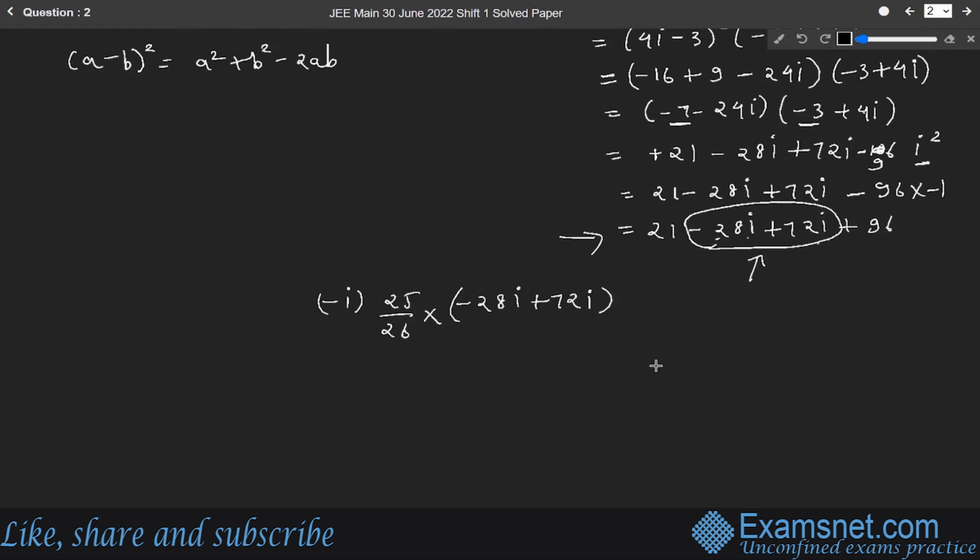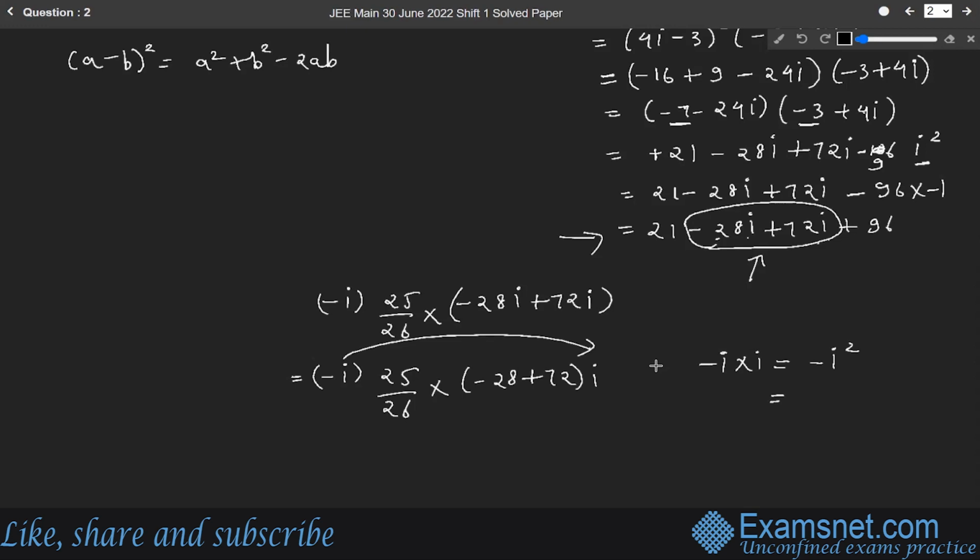So now it will be minus i into 25 upon 26 multiplied with (-28 + 72) into i. We have taken i common. This minus i into i will be minus of i square. We know that i square is minus 1, so it will be minus of minus 1, so it will be plus 1.